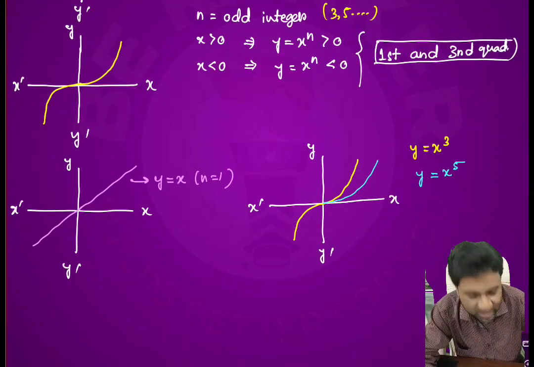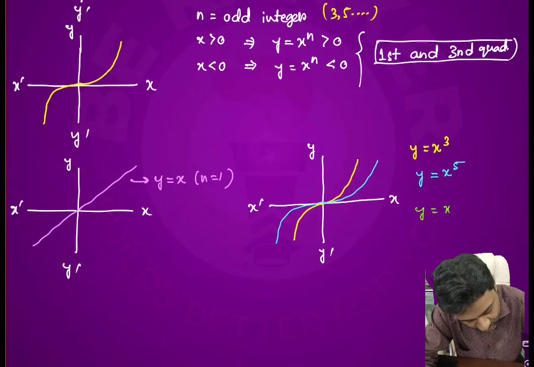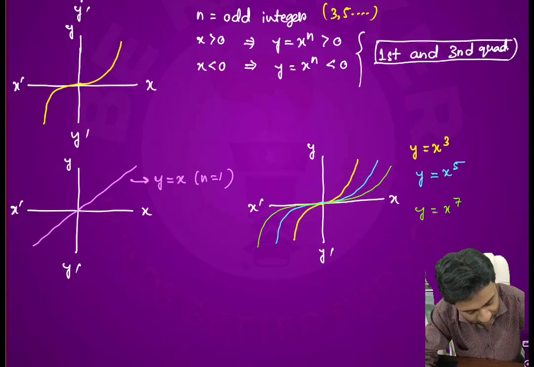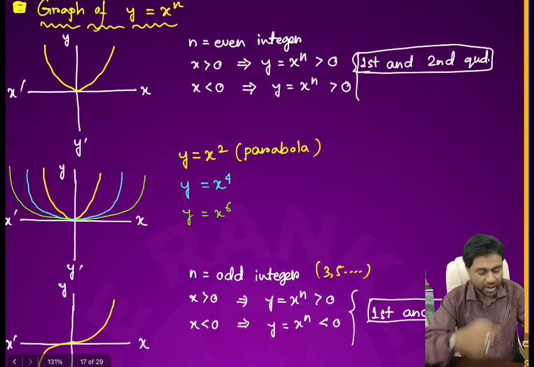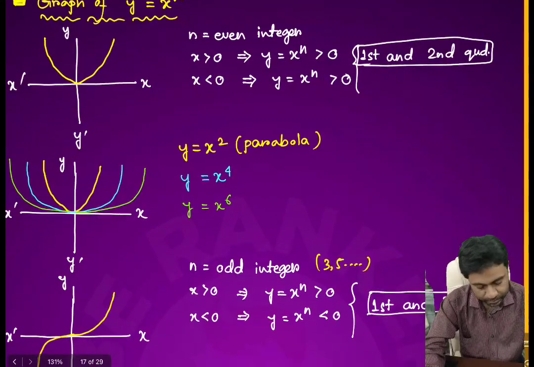Now, if the power increases, the graph becomes widespread. We already know that. So, if y equal to x to the power 5, the graph will assume this form. If y equal to x to the power 7, the graph would assume this form. And so on. Okay.